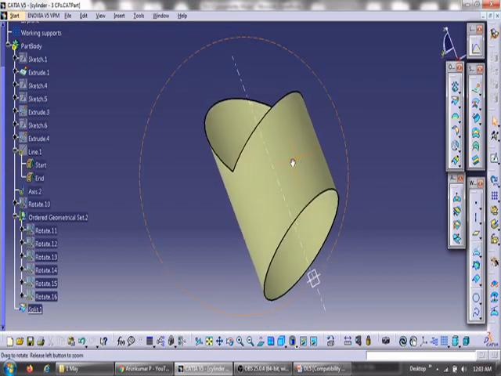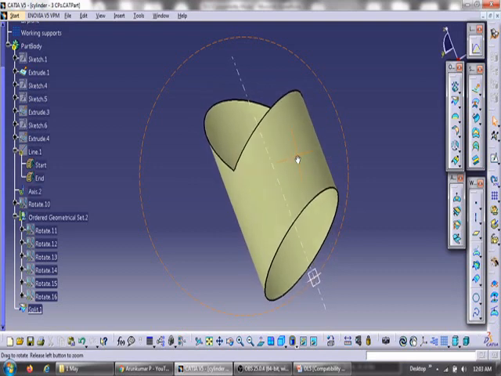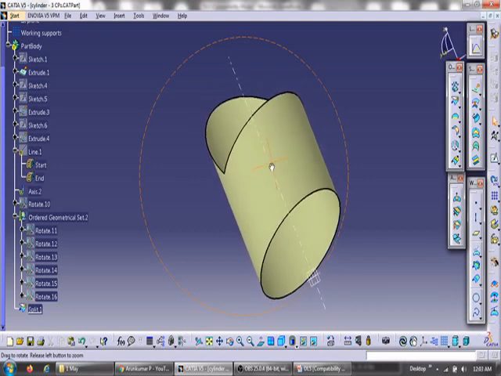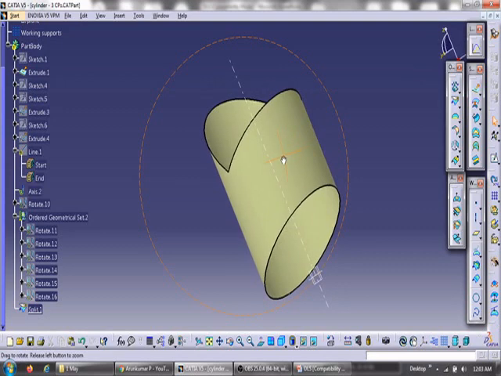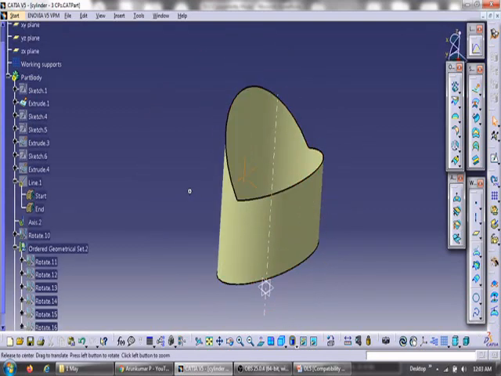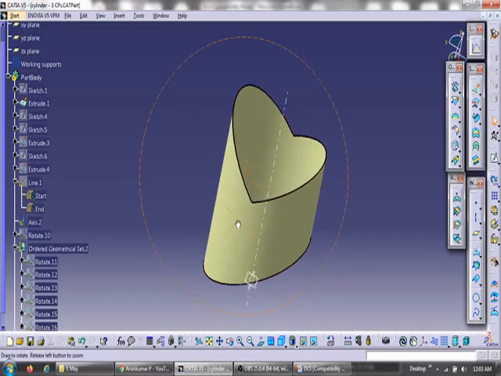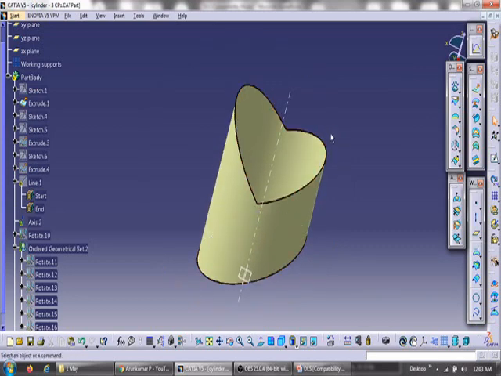The lower portion of the cylinder, which is cut by the first cutting plane, looks like this, and the upper portion of the cylinder, which is cut by the second cutting plane, looks like this, and the upper portion of the cylinder cut by the third cutting plane or section plane looks like this.